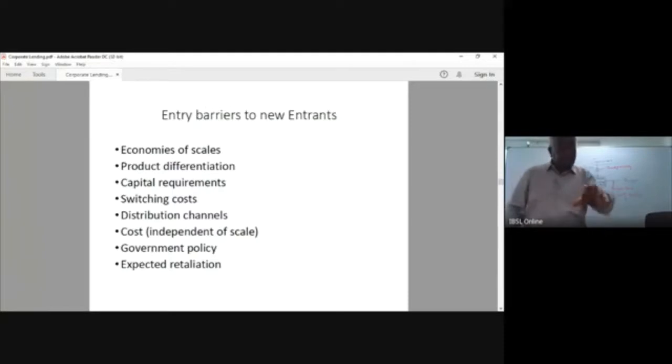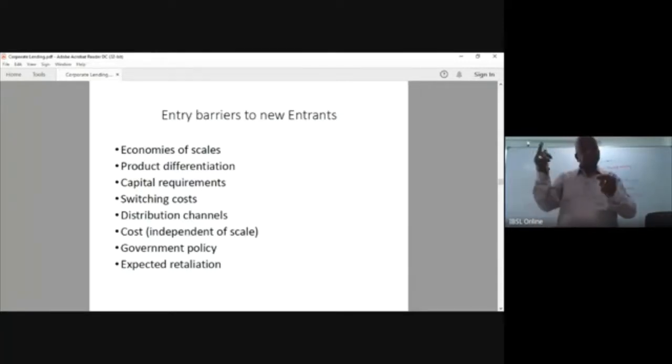Now, first we look at the economies of scale. When a company starts newly, their cost of production per unit will be high because they are producing only a small quantity. The variable cost and fixed cost add up to the cost of production.